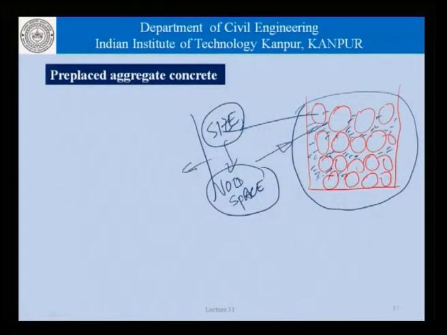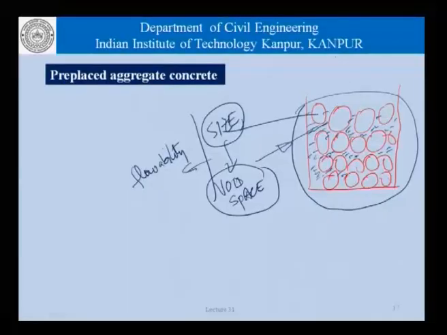Now, having said that, for a given system, we need to have a certain flowability of the grout, and that is again very similar to the kind of flowability that we were talking about when we talked of grouting in the case of ducts in post-tension concrete construction.